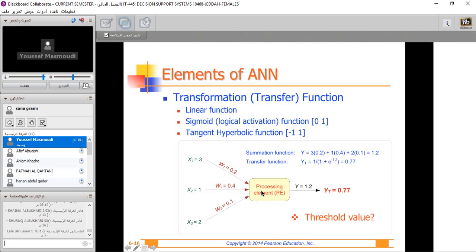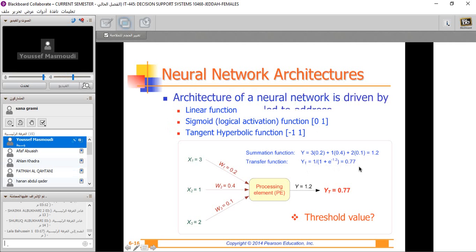After processing all these inputs with the weights, we have this summation function, which is 3 multiplied by 0.2 plus 1 multiplied by 0.4 plus 2 multiplied by 0.1. This is equal to 1.2. Okay. And since it is a sigmoid function, it should be between 0 and 1. So we compute 1 divided by 1 plus exponential of minus 1.2, which is equal to 0.77.